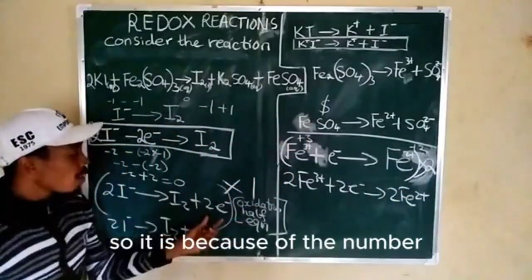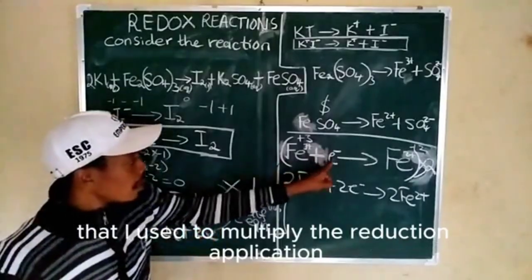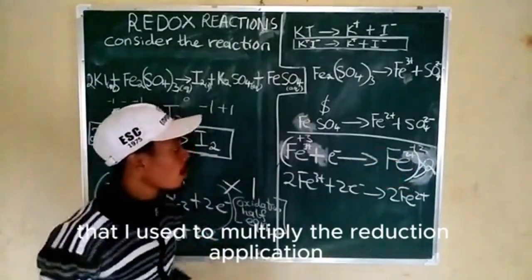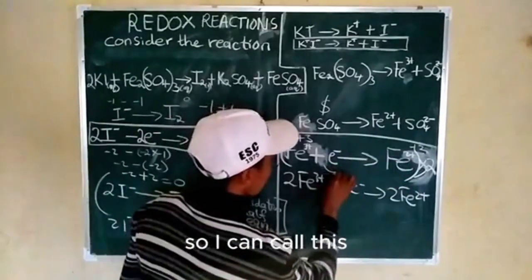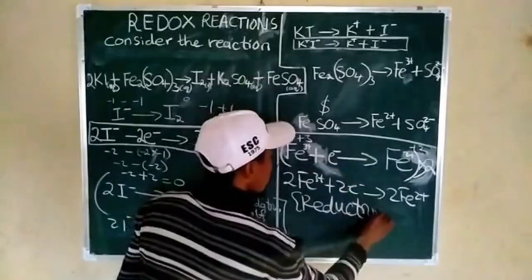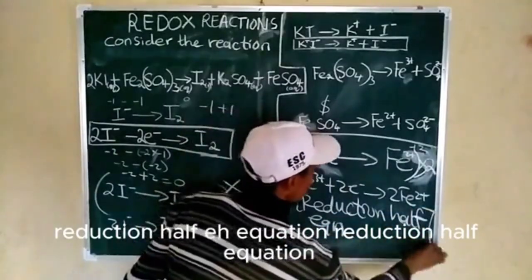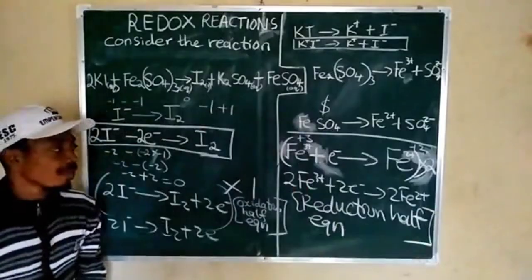It is because of the number of moles of electrons in the oxidation equation that I used to multiply the reduction equation. So I can call this the reduction half equation.